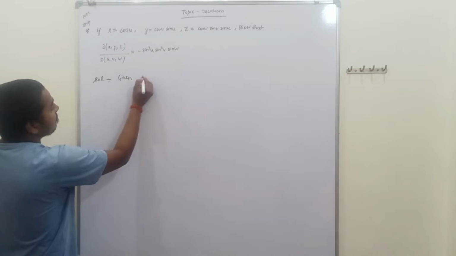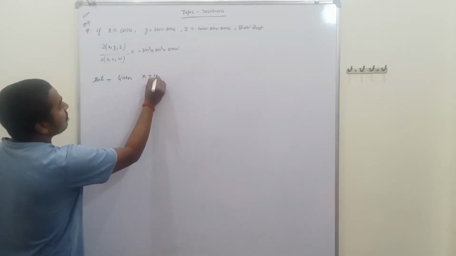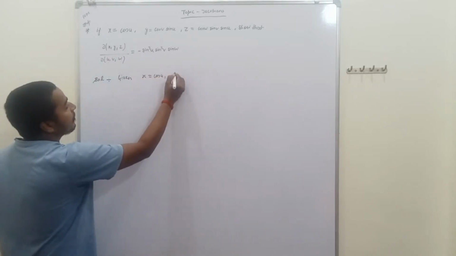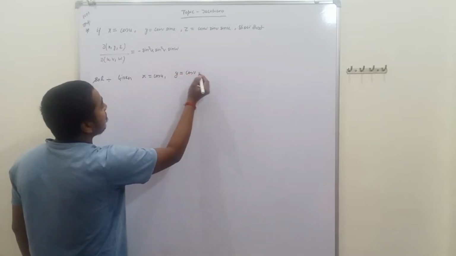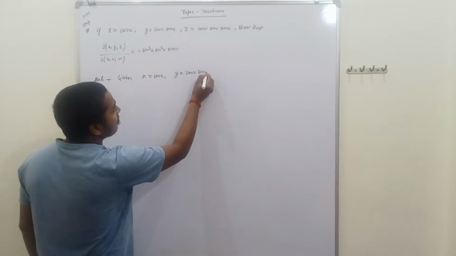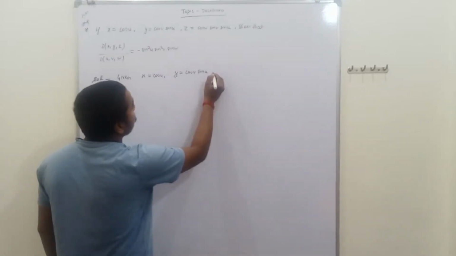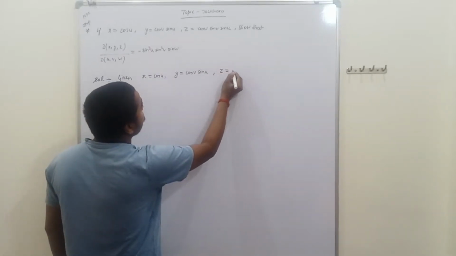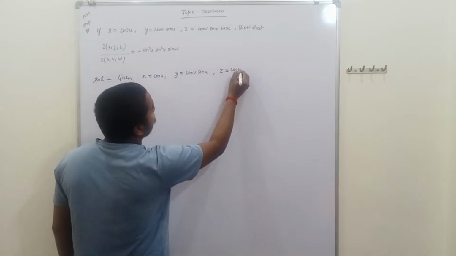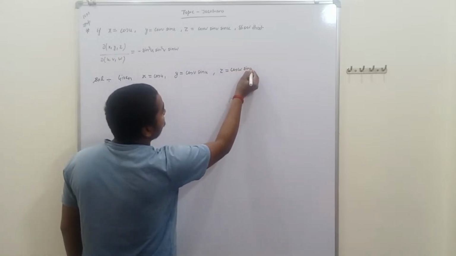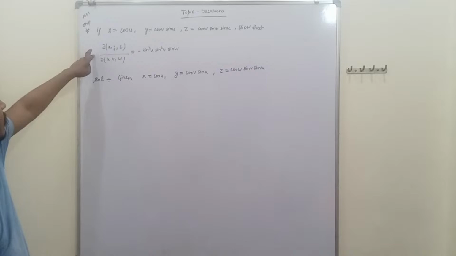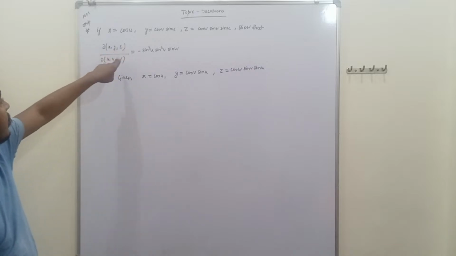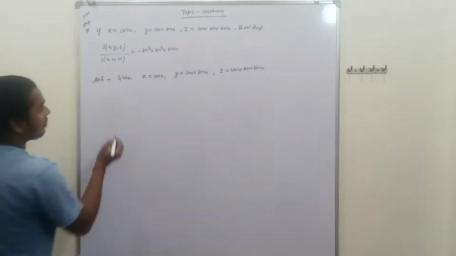Given x is equal to cos u, y is equal to cos v sin u, and z is equal to cos w sin v sin u, we have to find the value of ∂(x, y, z)/∂(u, v, w).